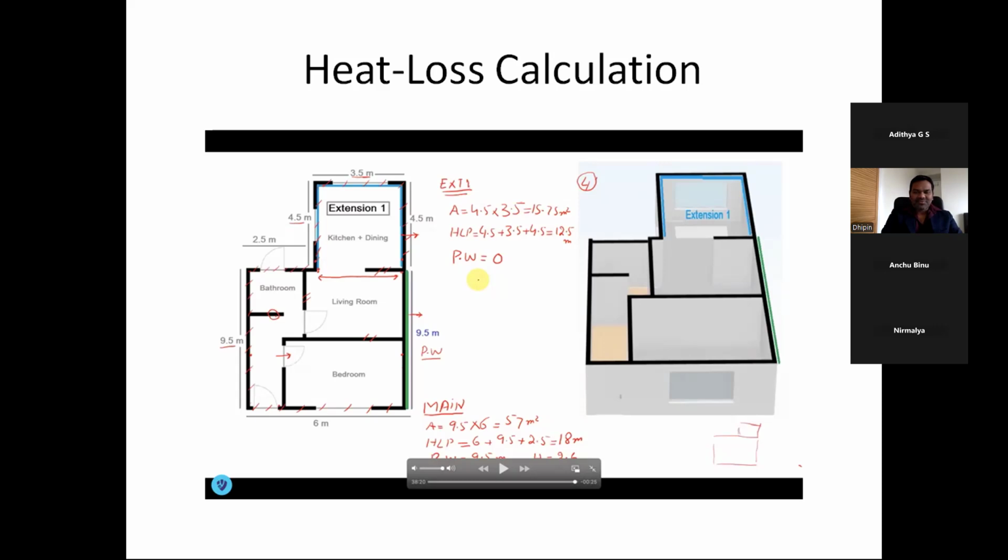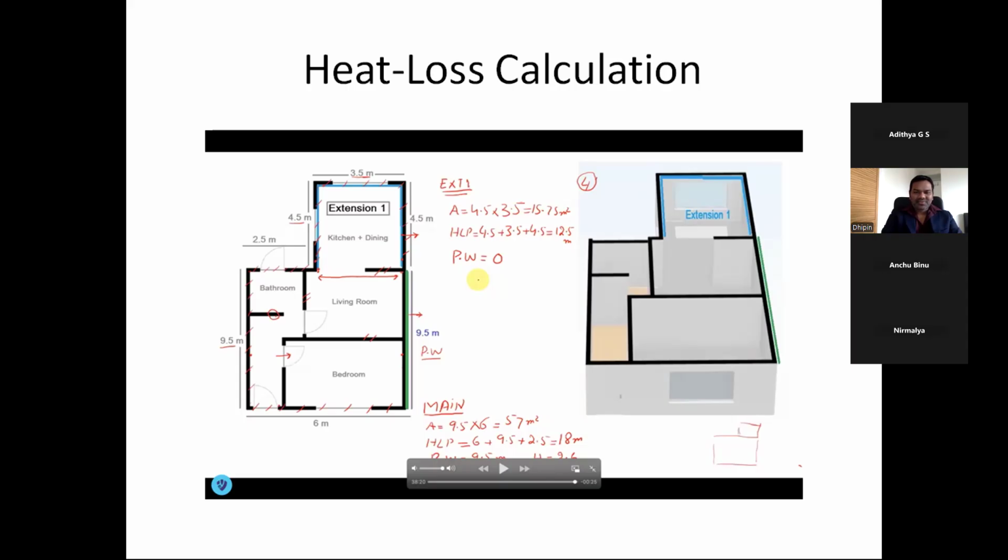I'm sure you're all from a science background. Should the area be calculated as a whole, or if you look at this HLP, it's 6 meter and then 9.5 meter and 2.5 meter, which equals 18 meter here.